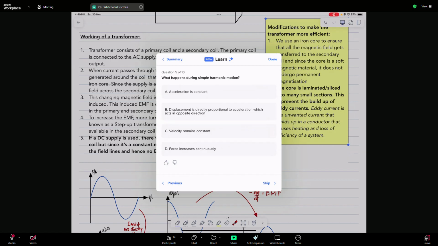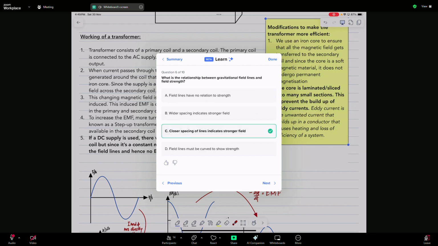What happens during simple harmonic motion? Yeah, a is directly proportional to minus x, right? Or what's the formula? a equals minus omega squared x. What is the relationship between gravitational field lines and field strength? What's the link between the lines and the strength?